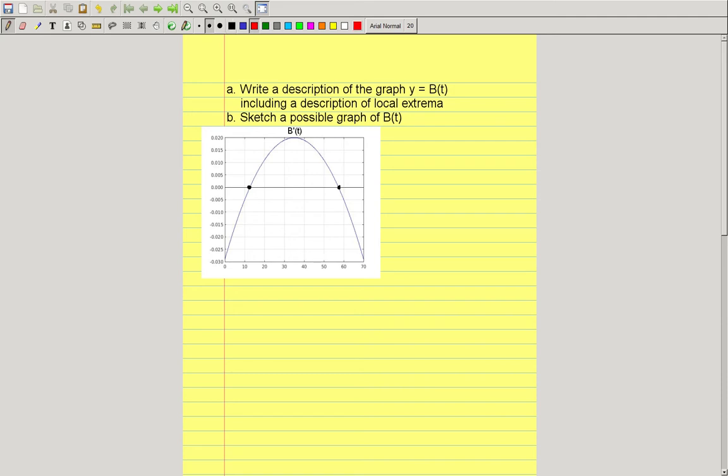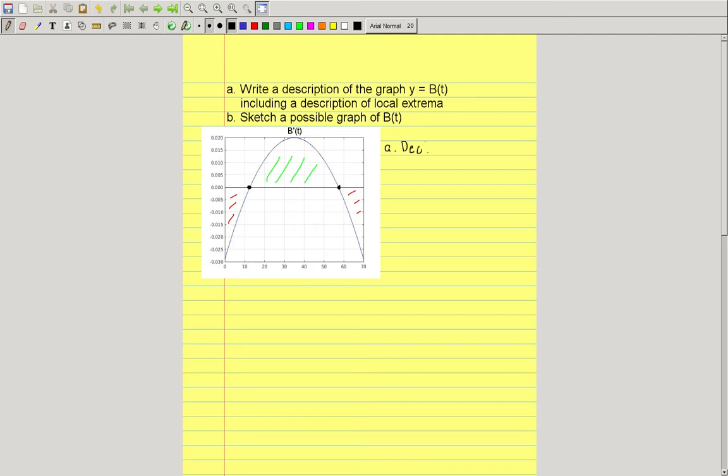We see that in these regions the function is negative, and in this region the function is positive. So, in the red regions, the function is going to be decreasing, and it's going to be increasing in the green region. So let's make a note of that.